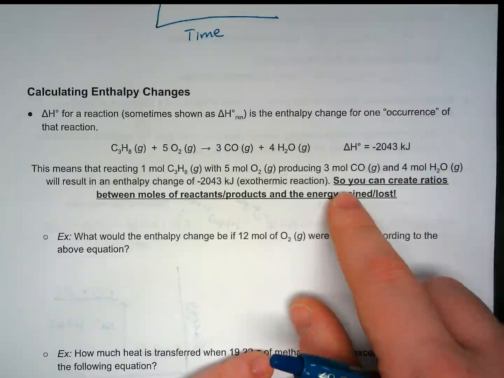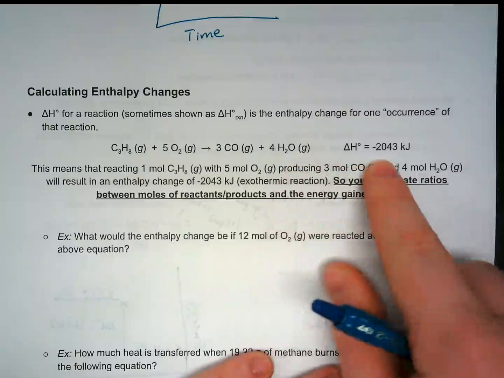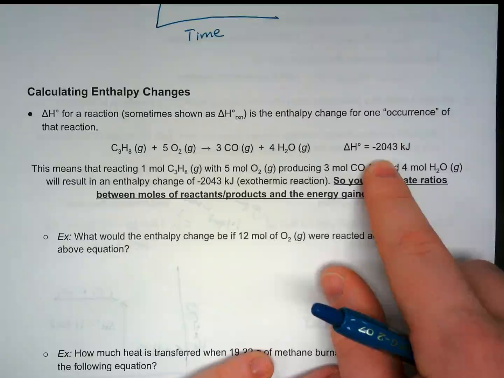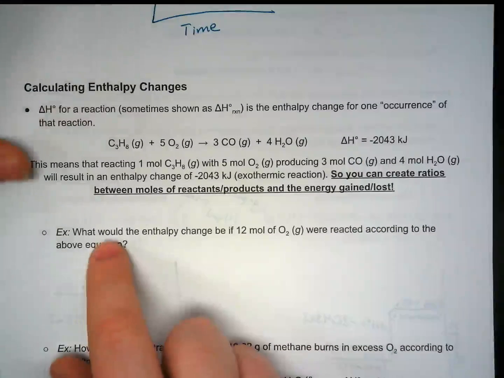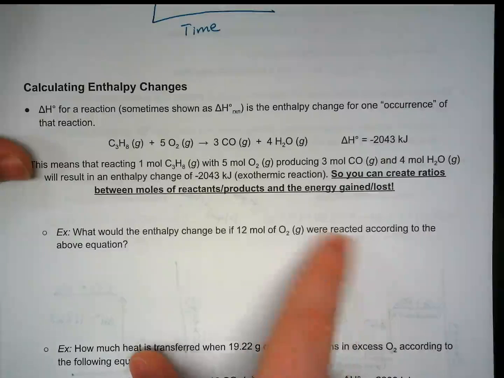So what we can do here is use the ratio between the number of moles of any one of these substances and the amount of energy we expect to be gained or lost in a particular equation. So what would the enthalpy change be if 12 moles of O2 were to react according to the above equation?